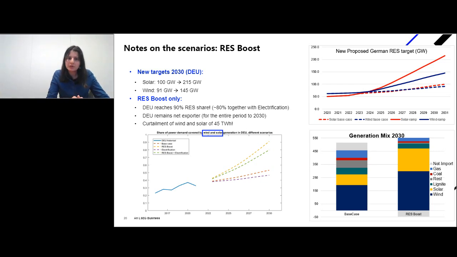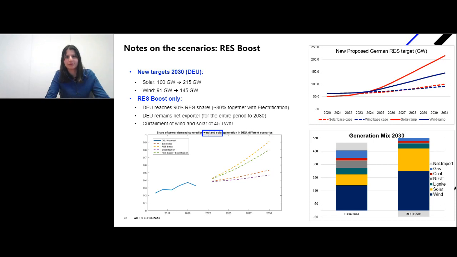If we use this renewable boost scenario only, we see that the impact on the generation is, of course, more wind and solar power, less but not zero coal and gas power, as you see here in the generation mix 2030. Also important to note, if that was the case, Germany would be a net exporter basically all the time until 2030.